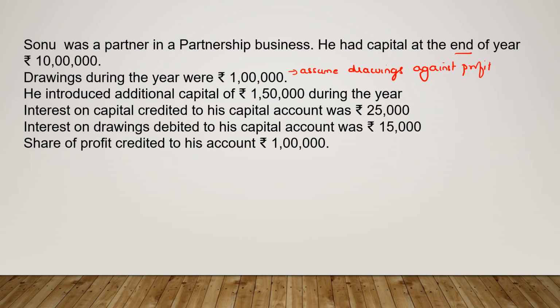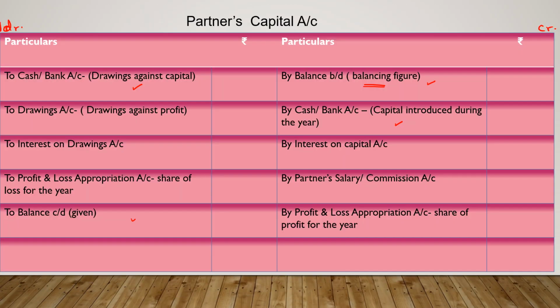First case, the capital account is prepared. So in that case, we will start with the amount given here, going to that format. Here they have given the closing capital as 10 lakh rupees. Then we saw there were drawings of rupees 1 lakh. This I assumed was drawings against profit and I put it here.